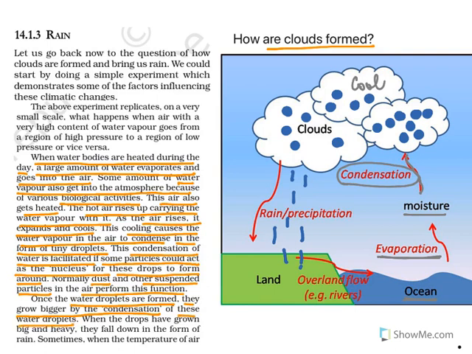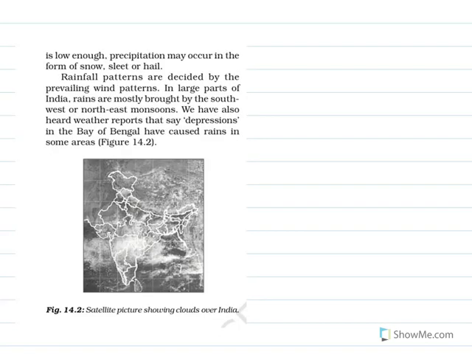When the drops have grown big enough, they fall down in the form of rain. Now remember, water does not fall only in the form of rain, it also falls in the form of snow, sleet or hail. These are other forms of precipitation of water.